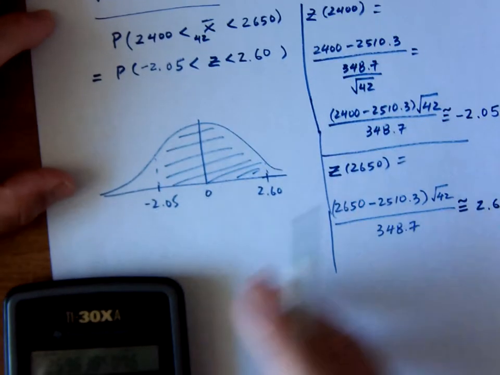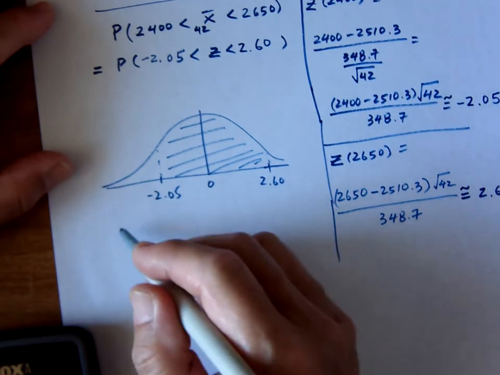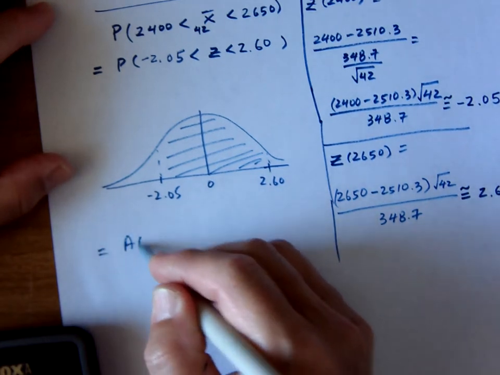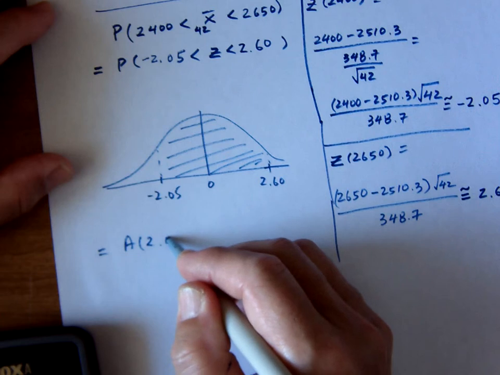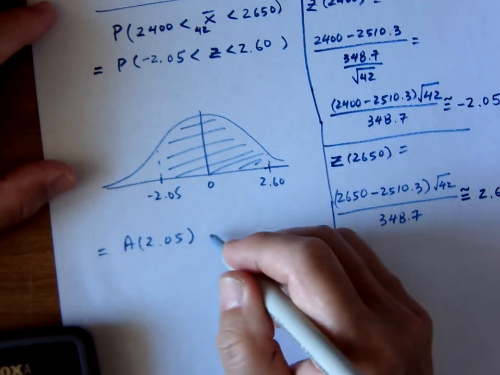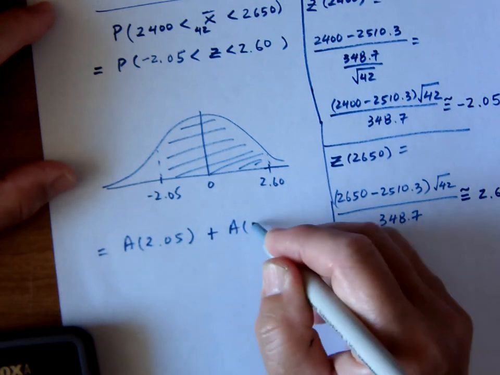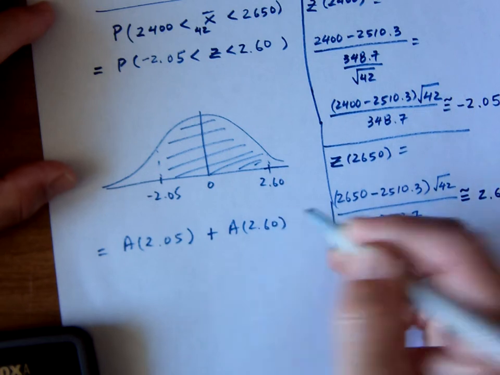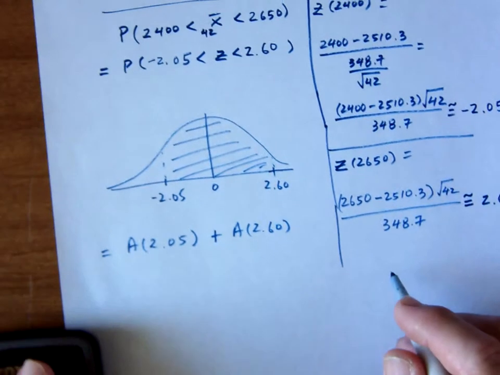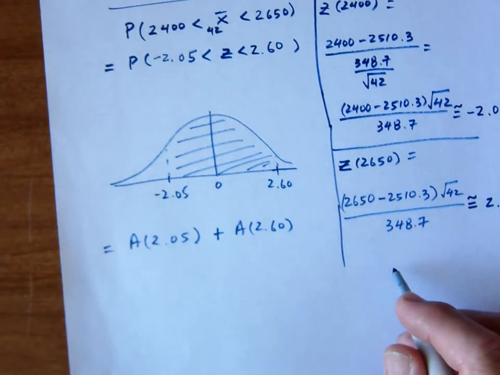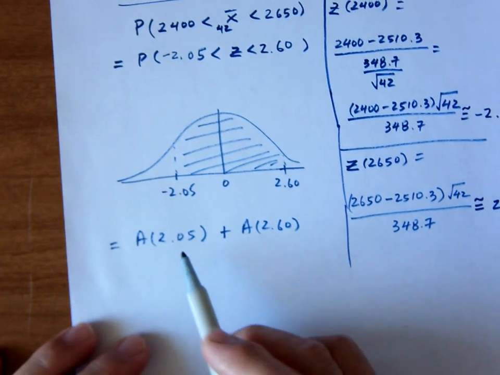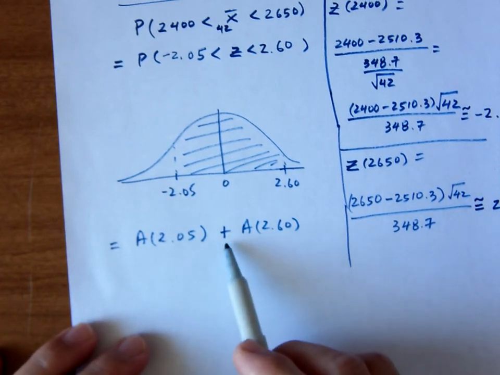Hope you can see that the whole thing is the area of 2.05 plus the area of 2.60, simply adding the two areas. We're not going to subtract anything, there's no 0.5 coming into play. Hope you can see why I'm adding these two areas.